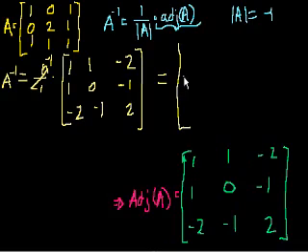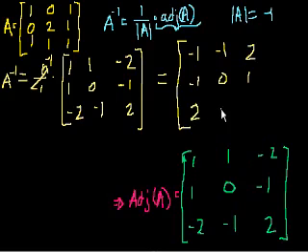So we get, if I haven't made any careless mistakes, -1, -1, plus 2, -1, 0, 1, 2, 1, -2. I think that I have, let's see, I just did a minus times everything. That looks right. And so that is A inverse.